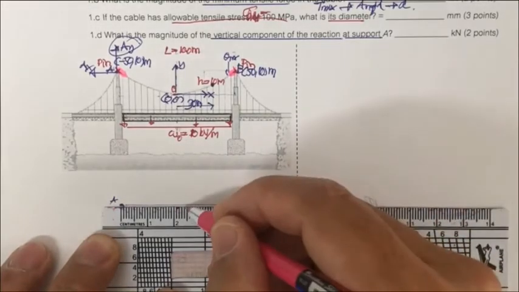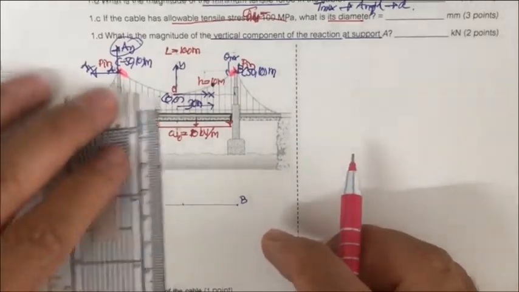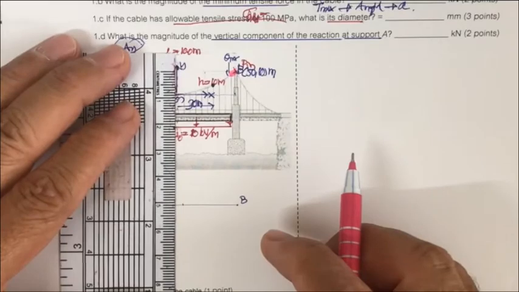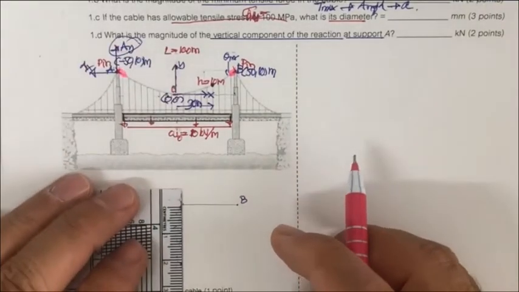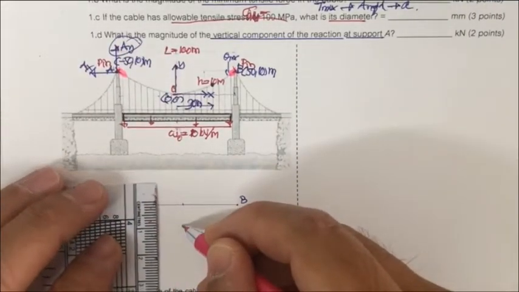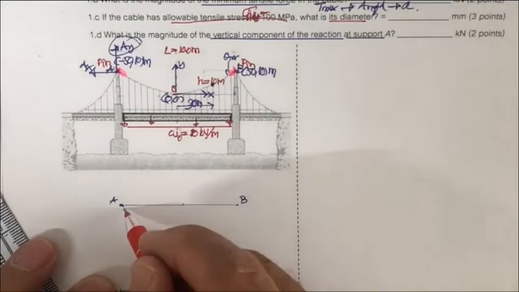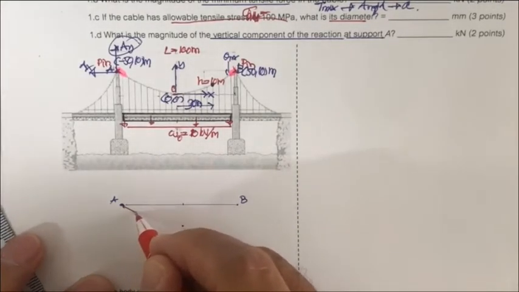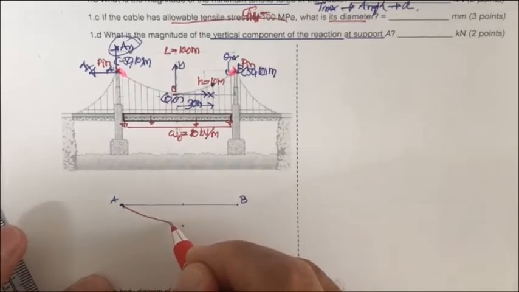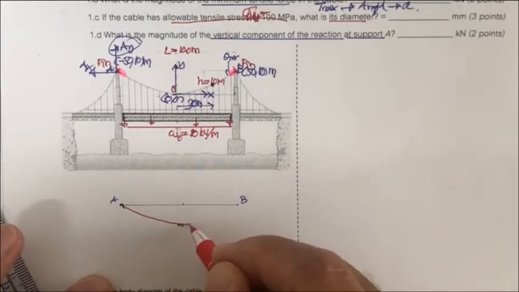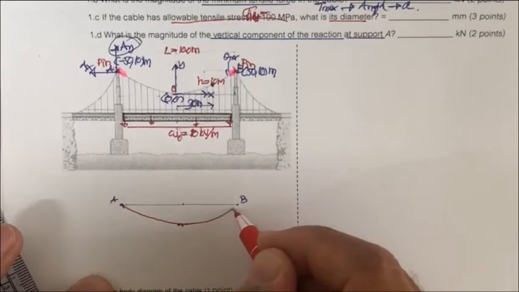And we have at the middle 1.7 millimeter. So our cable should have this parabolic shape in the form like this.